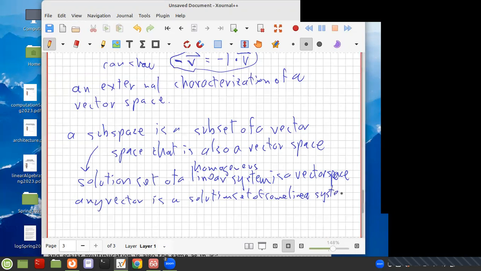So we really haven't changed topics here. We're just making it more abstract, looking at it from a different perspective.